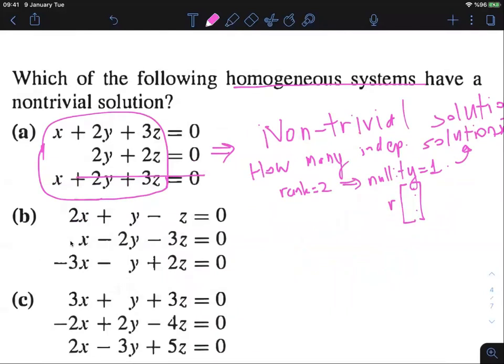Another way of looking at it is just to look at the determinant, right? What is the determinant of this system?